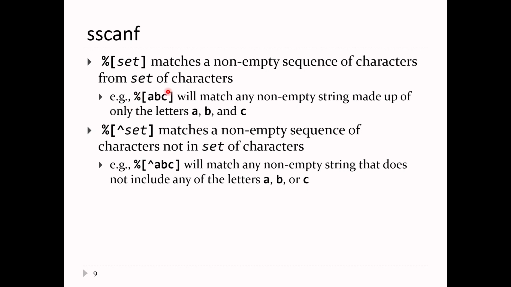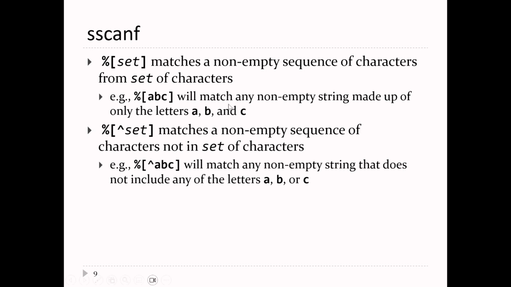So %[ABC] will match any non-empty string made up of only the letters A, B, and C. If you want to define the set of matching characters as the characters that don't match, then it's the caret followed by the string. So that matches any non-empty sequence of characters not in that set of characters.